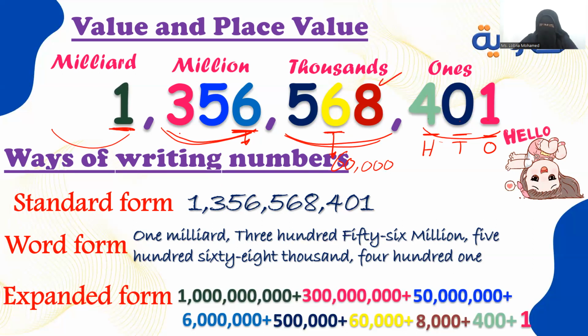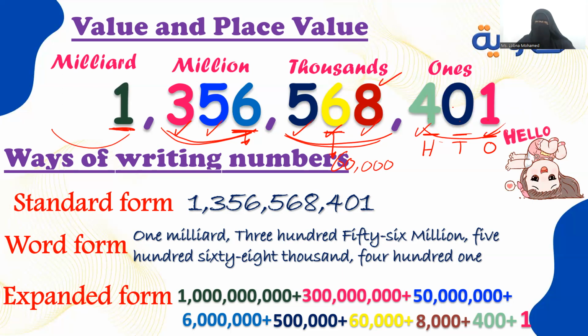Plus, after this, we have 3 in hundred million, so we can write 300 million. After this, we have 5 in ten million, so we can write 50 million. Plus 6 million, plus 500,000, plus 60,000, plus 8,000, plus 400, plus 1.